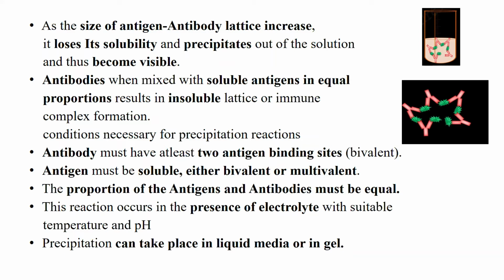The proportion of the antigens and antibodies must be equal, which will form a lattice complex. And this reaction occurs in the presence of electrolyte with a suitable temperature and pH. And precipitation can take place in a liquid medium or in gel.